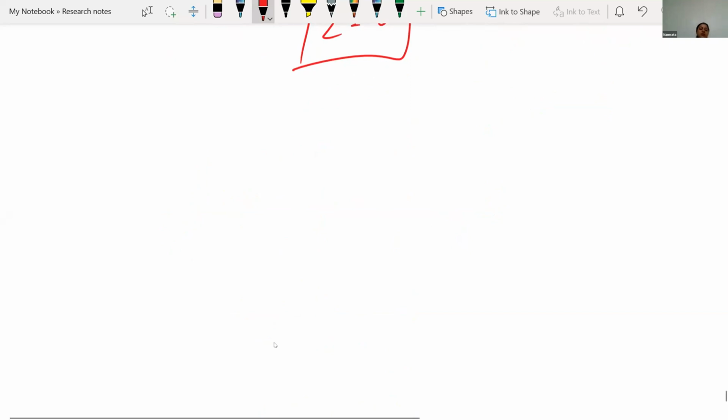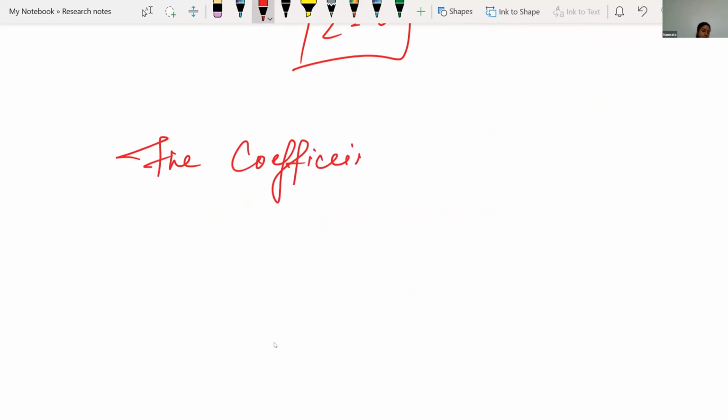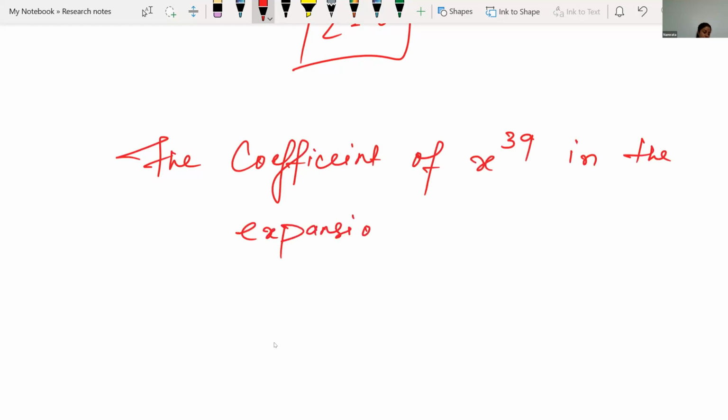So here one of the questions is: the coefficient of x to the power 39 in the expansion of (x to the power 4 minus 1 by x cube) to the power 15 is.